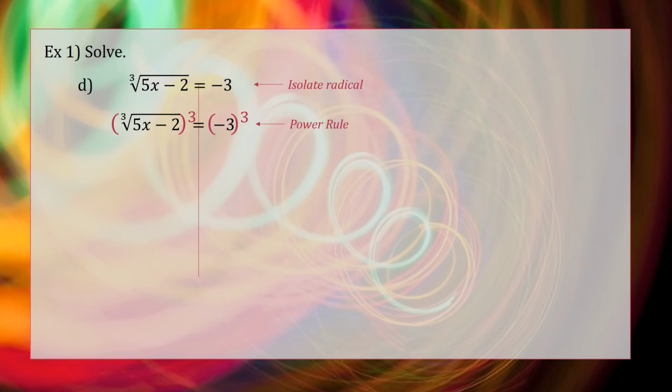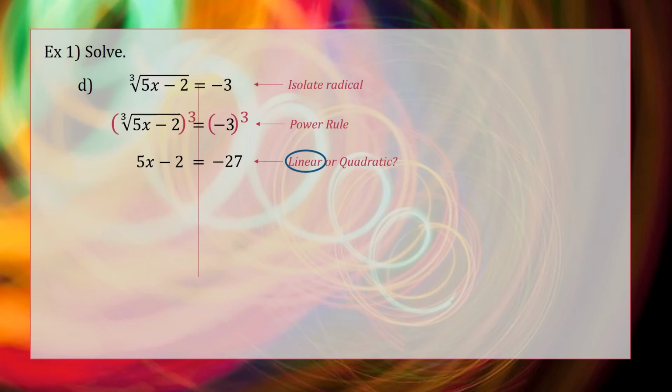Now the cube root and the cube undo each other, allowing 5x minus 2 to be free of the radical. On the right side, negative 3 cubed means negative 3 times negative 3 times negative 3, which we know is negative 27. Now that everything is free from the radical, we must decide, is this linear or quadratic?